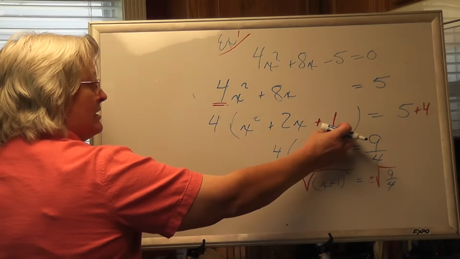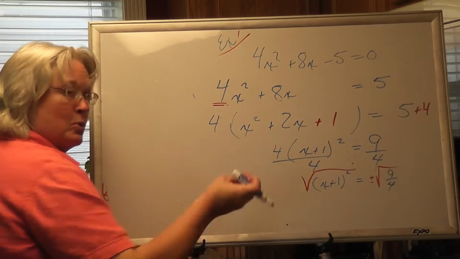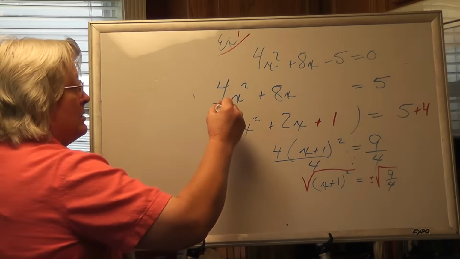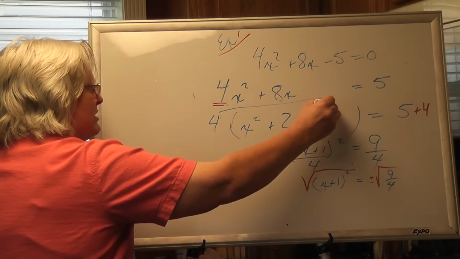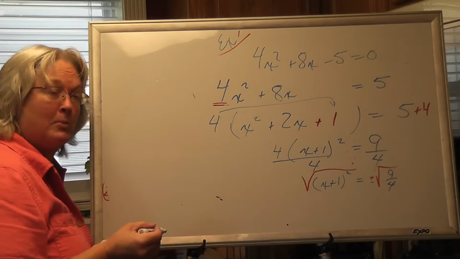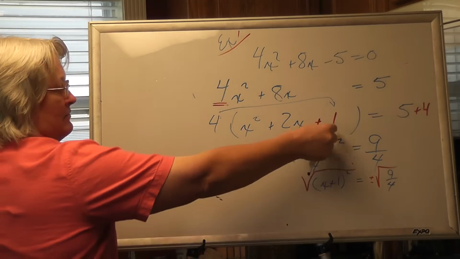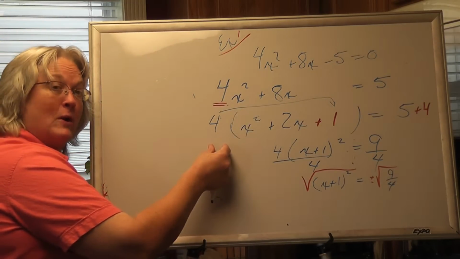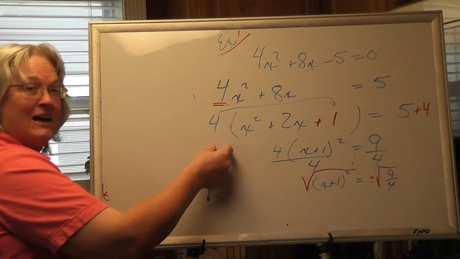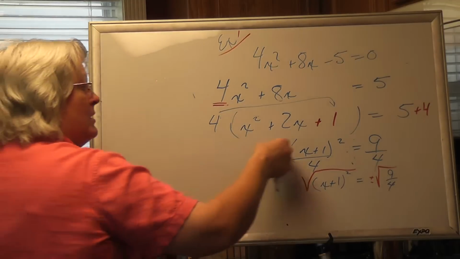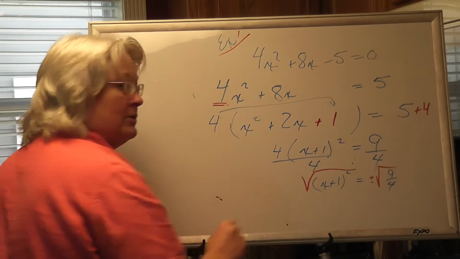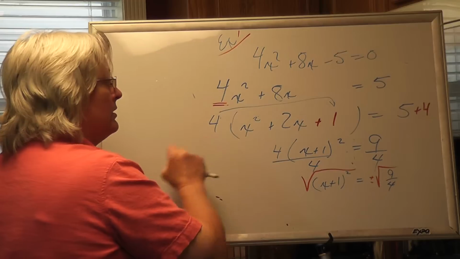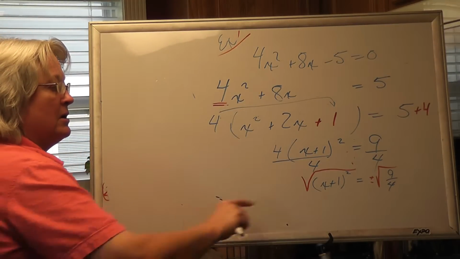You're not just adding that number that's within the parentheses to the left-hand side of the equation, but you're taking into consideration the fact that you have the distributive property. So you have the product of that number inside the parentheses and whatever you have factored out. So that's how, in this particular problem, we end up adding a 4 on the right-hand side of the equation because we've actually added a 4 to the left-hand side of the equation.